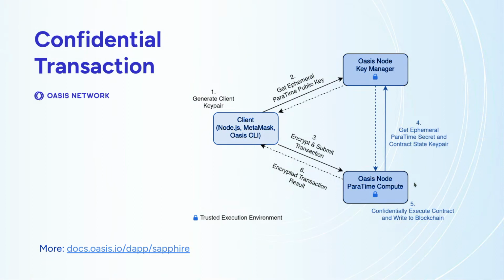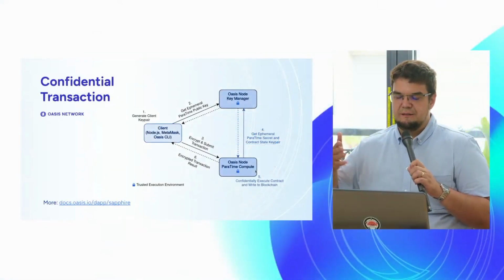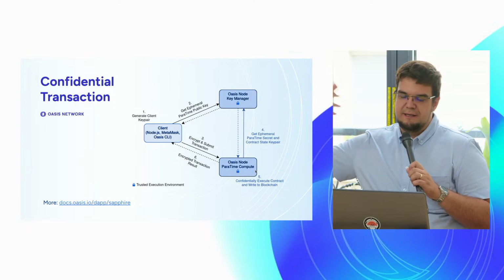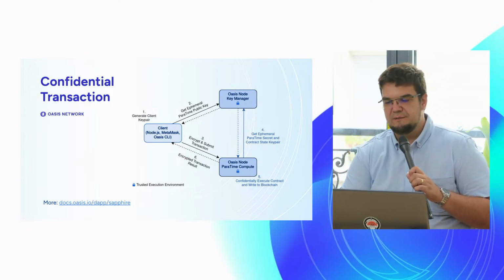Apart from encrypting the transactions and the communications between the client and our platform, we also use internally another key pair which encrypts the contract state. So it gets this contract state key pair from the key manager each time. Some networks also had issues in the past where each of the nodes contained the master key, and if the trusted execution environment broke, for example, then one could exploit this master key.